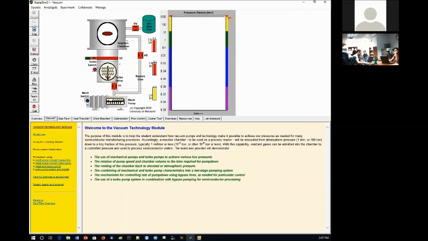So we are turning on the mechanical pump. As we're doing that, the pressure is dropping down and got stabilized. Hopefully you guys can see it too. Did you see that on your screen? Everything worked out? Okay, good.